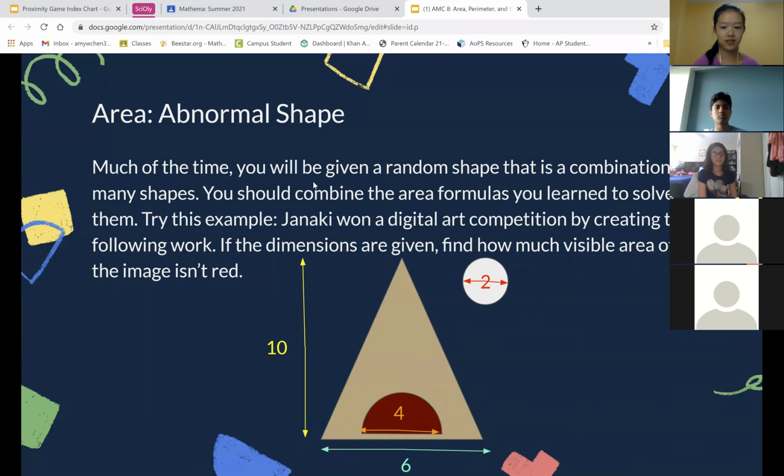If the dimensions are given, find out how much of the visible area of the image is in red. The picture will consist of this part and this part. We just want to subtract this red part from inside of it. So you guys can try first.